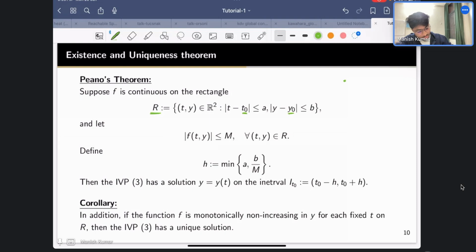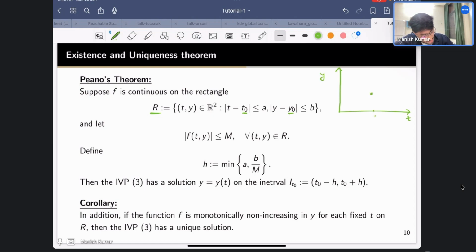Now you take a neighborhood of this t naught. Let me represent it here: this is the t axis, this is the y axis, and this is the point t naught, y naught.